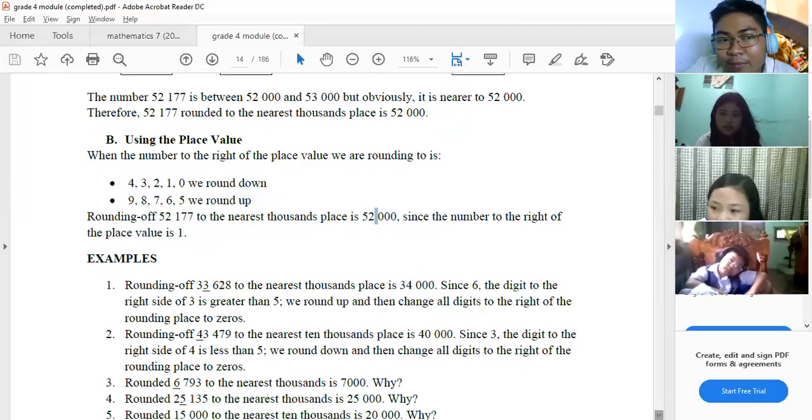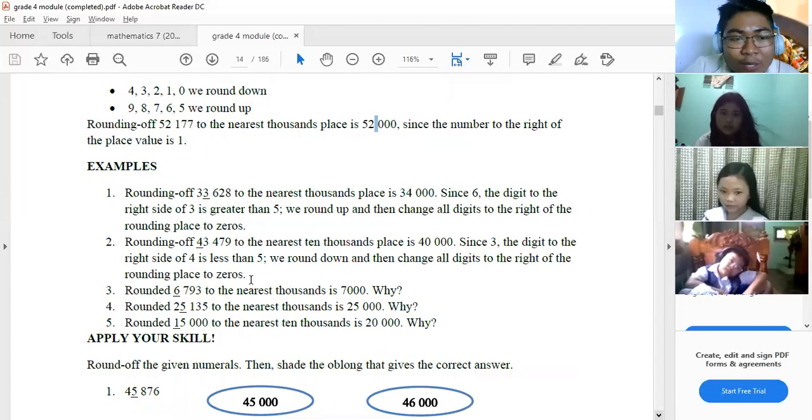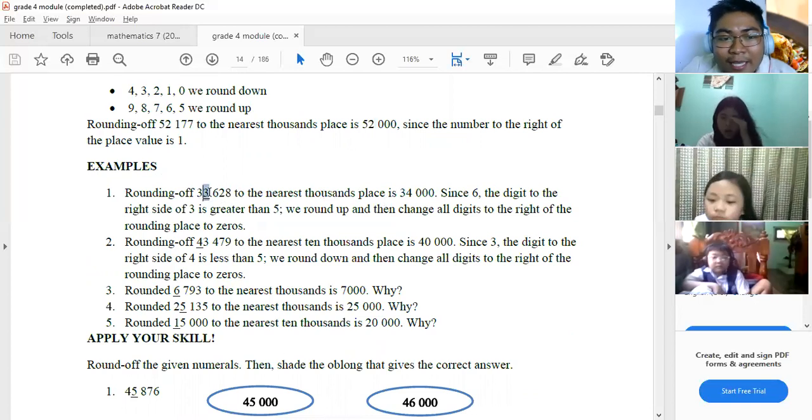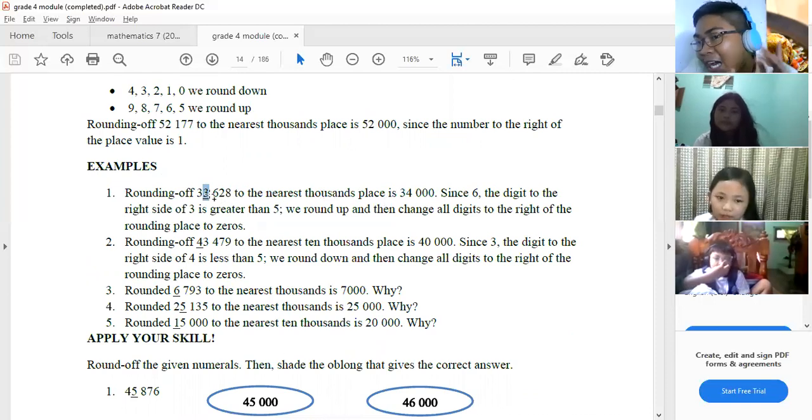Let's try to have more examples. Rounding off 33,628 to the nearest thousands place. What is beside the 3? To the right, we have 6. Are we going to round up or down? Round up.